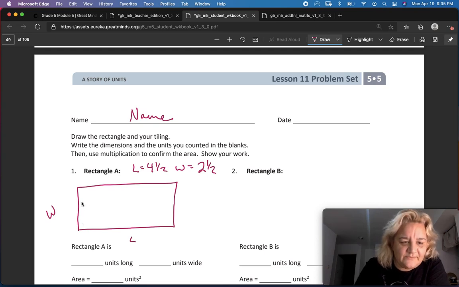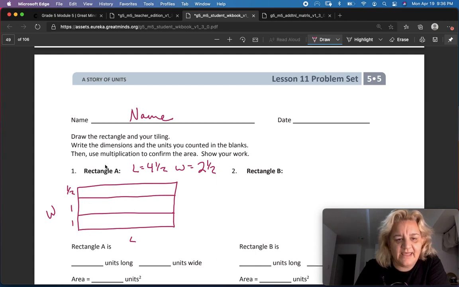So 2 1/2 would be 1, 2, 2 1/2. And then length is going to be 1, 2, 3, 4, and then this is a half. So 1, 2, 3, 4, and that's an L.